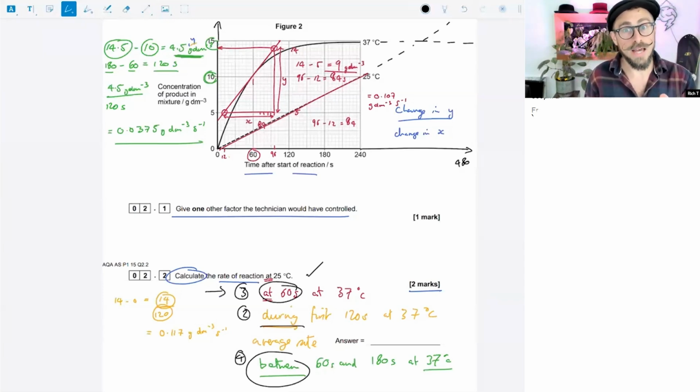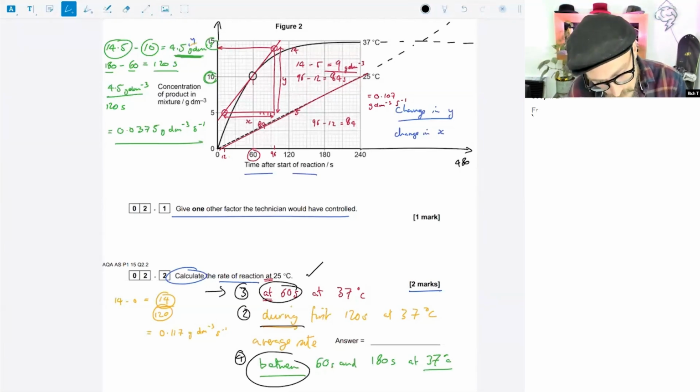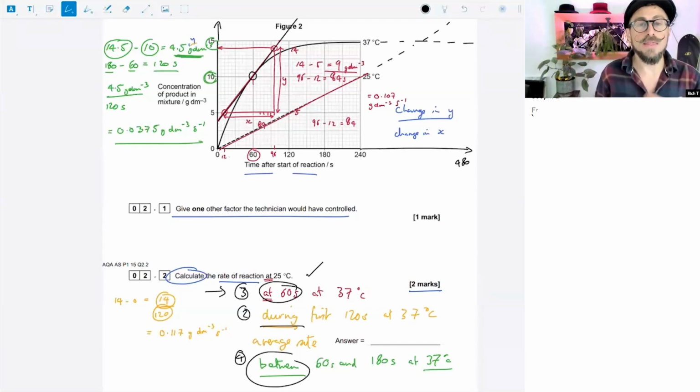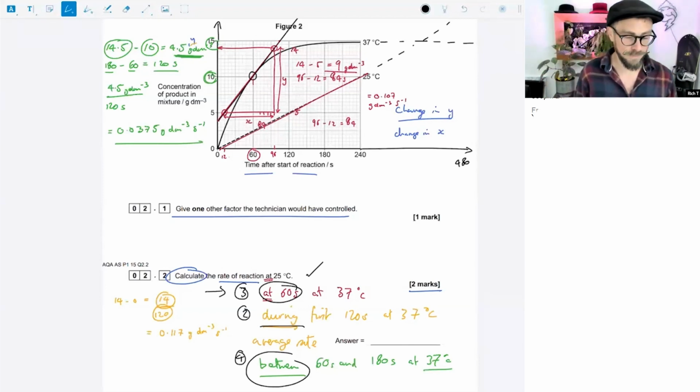At that point, you're taking that moment in time, matching that gradient and drawing a tangent at that angle. Then you do changing y by changing x for that tangent you've drawn. They're basically all the variations.